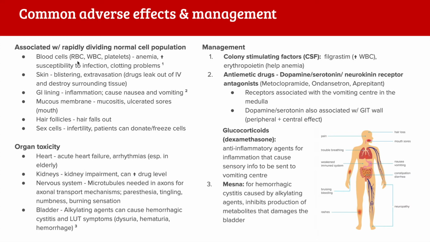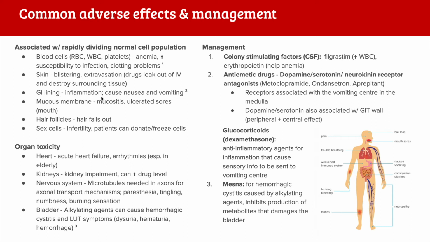And then for skin, our skin cells are also rapidly dividing, so it can cause blistering or extravasation. That's when the drugs leak out of the IV and can destroy the surrounding tissue. Apparently, it can also happen to clinicians if they're not careful while administering the drug to the patients.